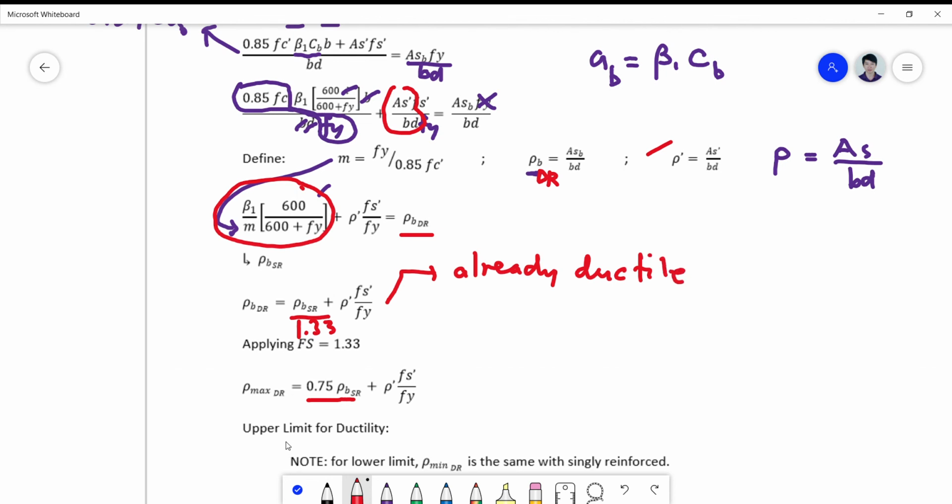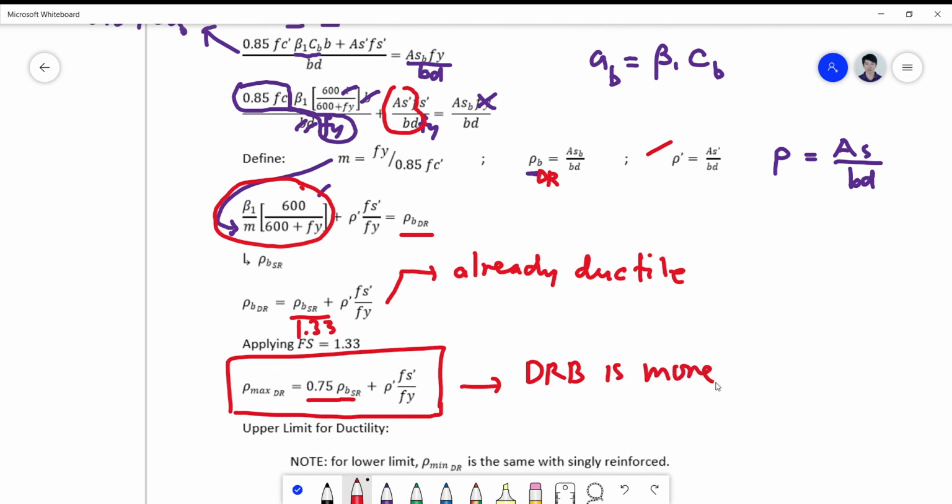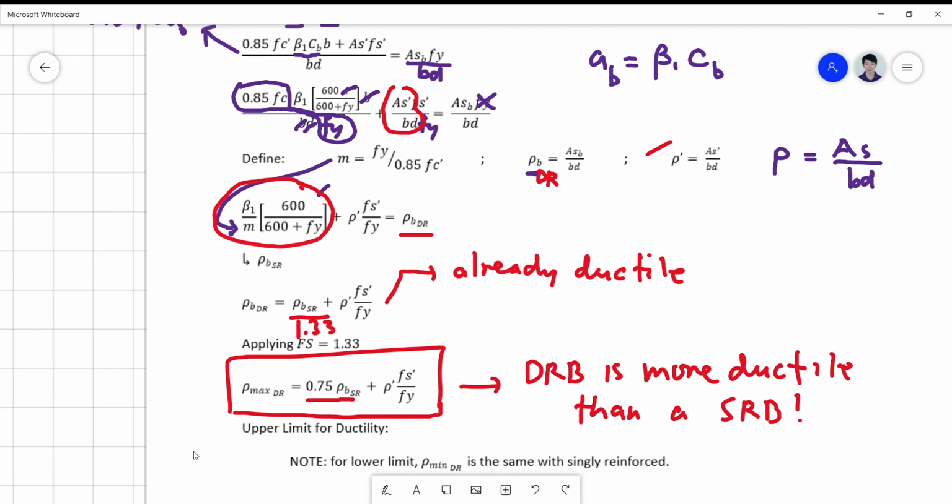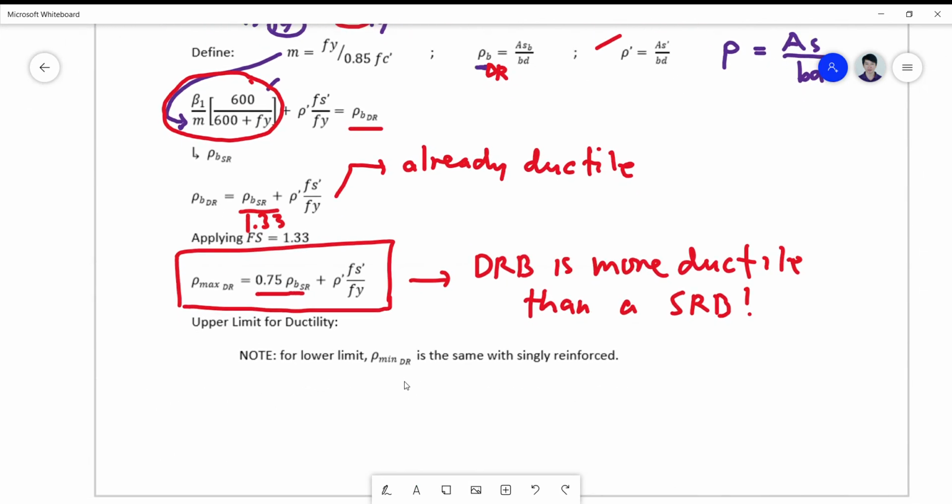Okay, so this is now the upper limit for a double reinforced beam, which states that simply your doubly reinforced beam is more ductile than a singly reinforced beam.